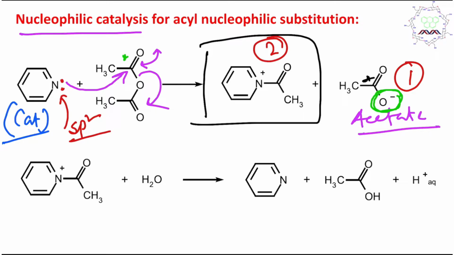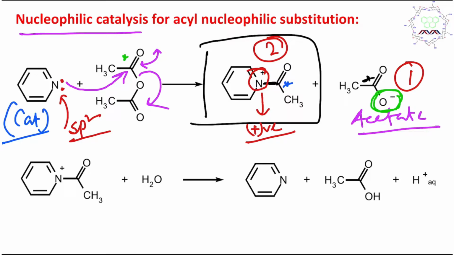However, the nucleophilic attack will happen on this carbonyl carbon. Why? Because here the carbonyl carbon is attached to this nitrogen, which is carrying a positive charge, and we know that positive charge means deficiency of electrons, and that is the reason why it will react in the next step.